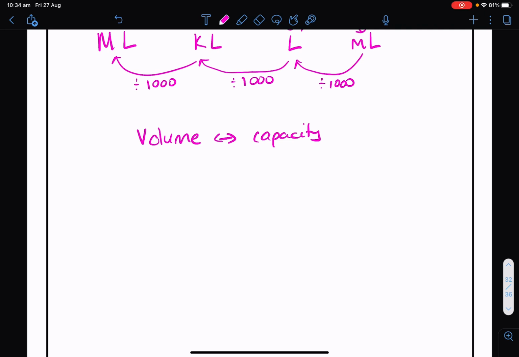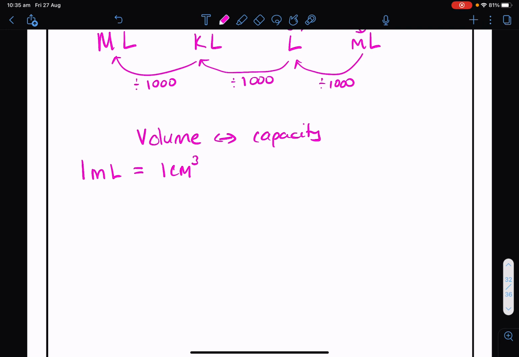Okay, so when we do this one, we have some main ones that we use to help us do these conversions. So 1 milliliter equals 1 centimeter cubed. Oops, it would help if I did that right. 1 centimeter cubed. So if you think of that little centimeter cube that we used to use in primary school with the MAB blocks, that little centimeter cube, that's equivalent to pouring 1 ml of liquid into it.